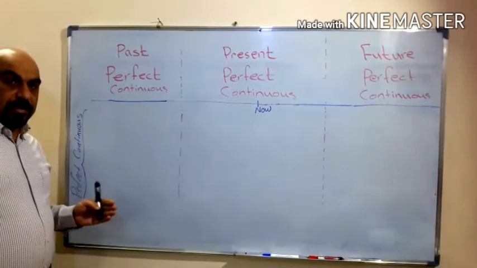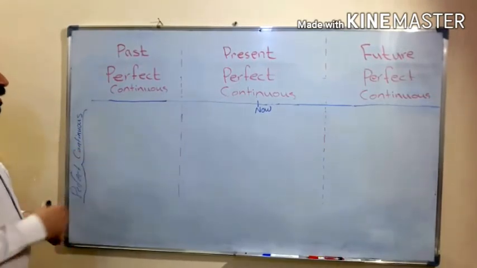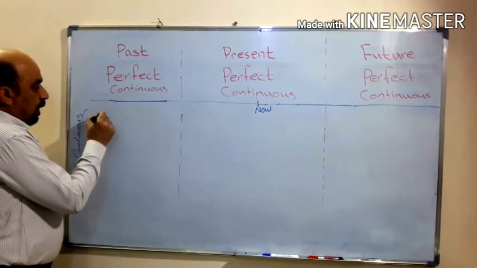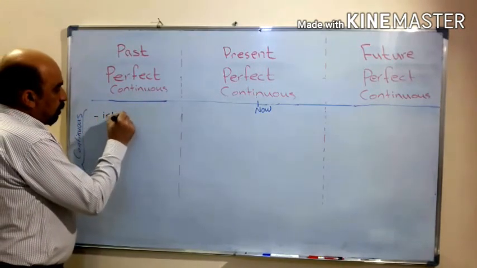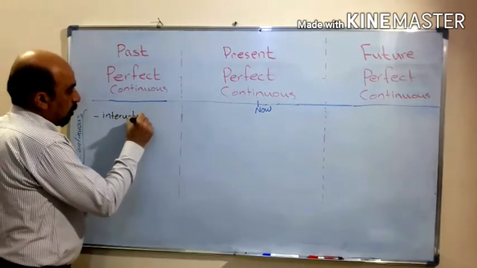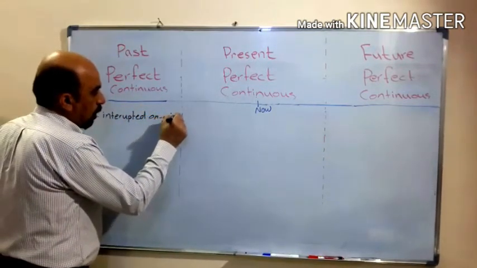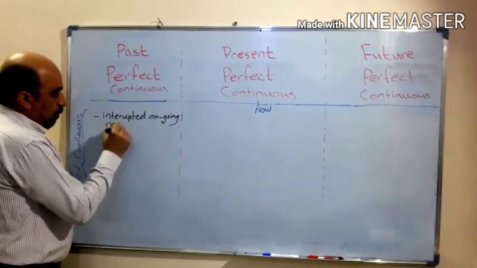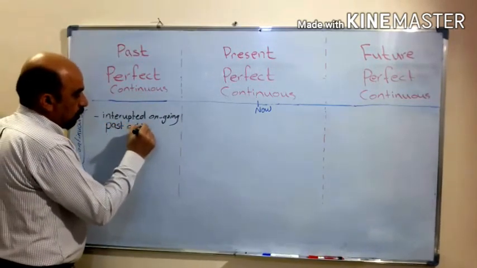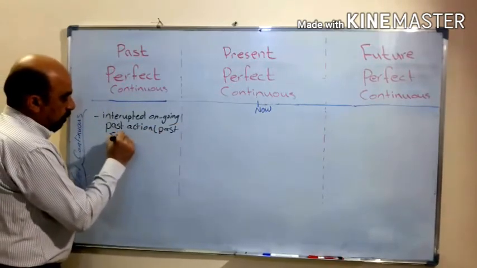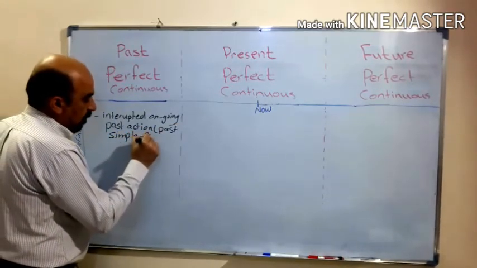The last tense is perfect continuous. The past perfect continuous describes an interrupted, ongoing past action, with past simple following.